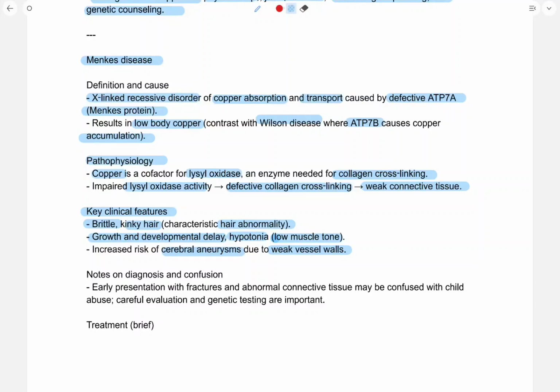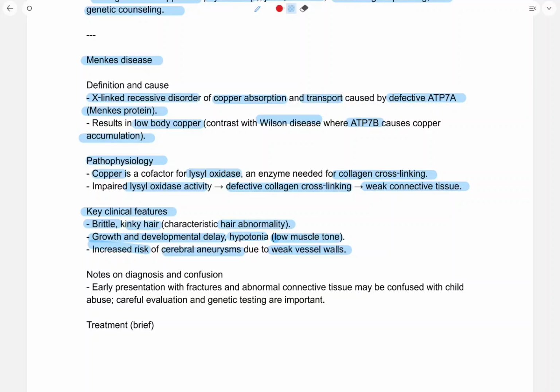So first is hair, second is growth and developmental delay and low muscle tone. And in Menkes disease there is increased risk of cerebral aneurysm because of weak blood vessels.